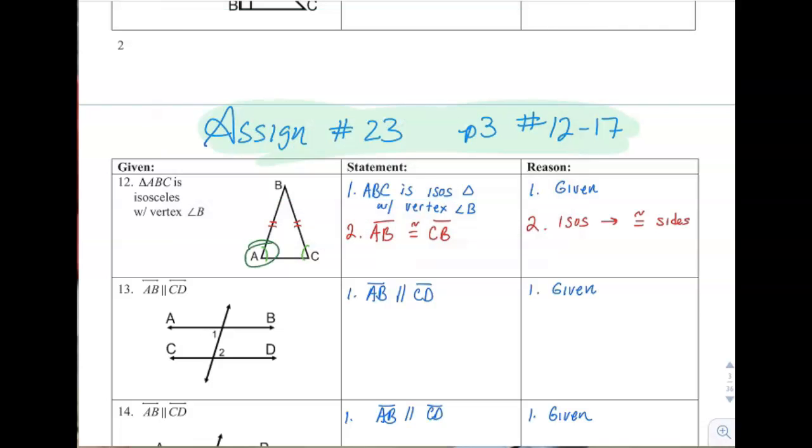We can also say that those two angles are the same: angle A is congruent to angle C, because isosceles implies congruent angles as well. So we knew two things there: a congruent pair of sides and a congruent pair of angles.